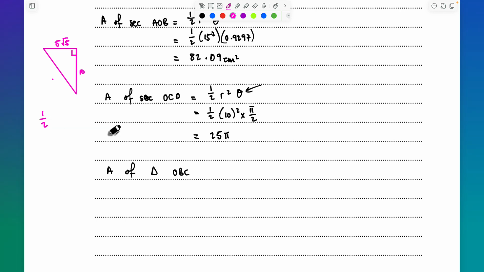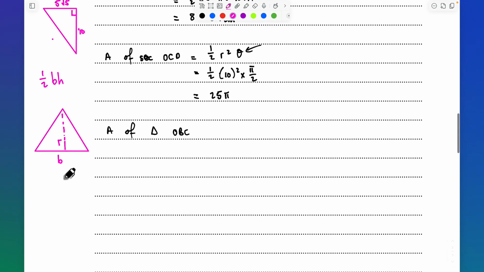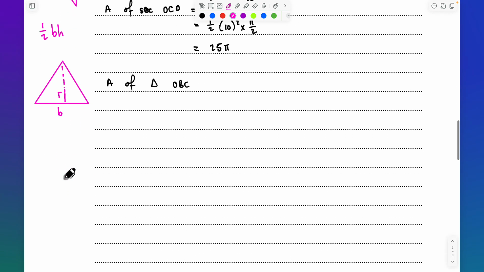However, as long as you have two perpendicular lines, you can use half base times height, because you can treat one side as the base and then the perpendicular side as the height. Because remember, with triangles, if this is my base, it means my height has to be this perpendicular height over here.